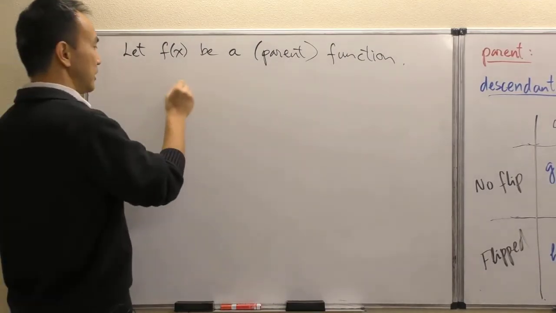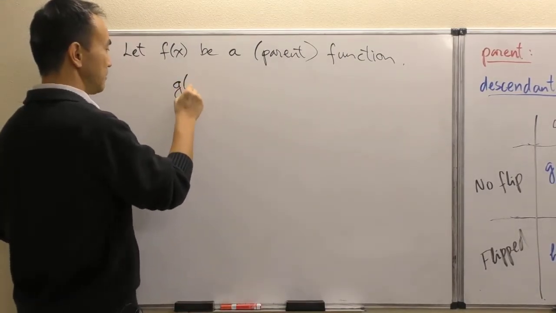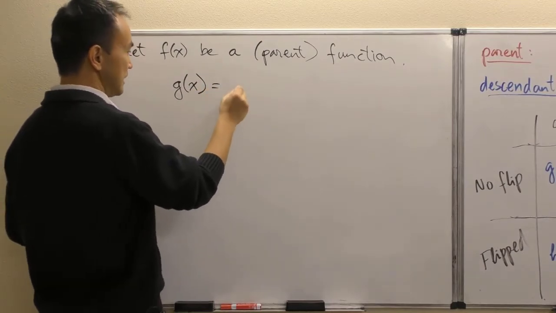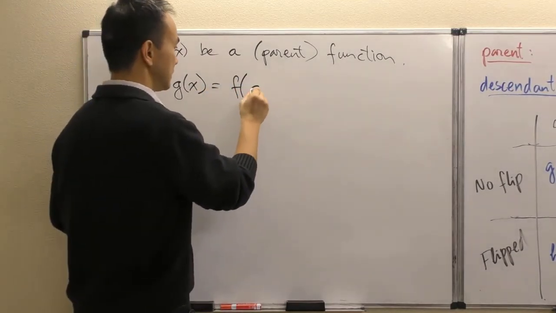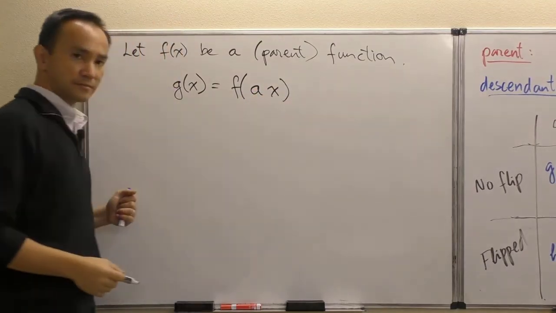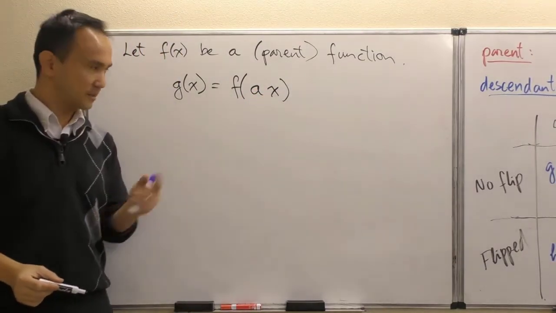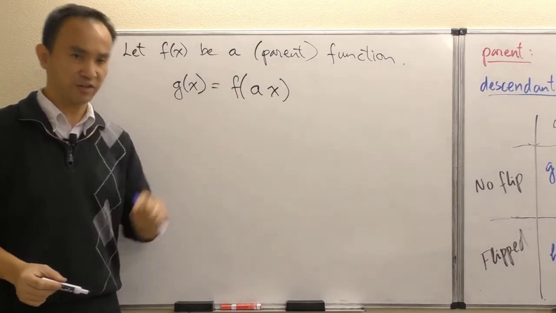And then from there we're going to define some descendant function, g of x, to be f of x, but it takes ax, a coefficient times x, as the input.